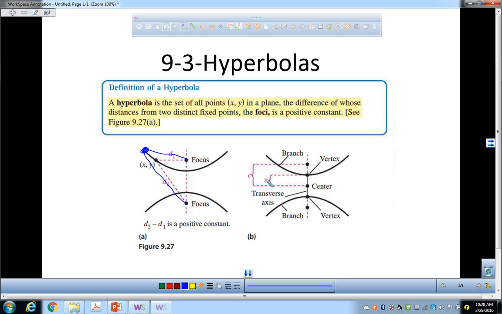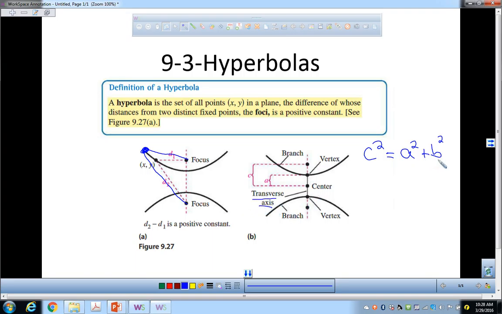The relationship between c, a, and b is that c squared equals a squared plus b squared, just like the Pythagorean theorem. For an ellipse, it's c squared equals a squared minus b squared. So be aware that the relationship is different for a hyperbola than for an ellipse. The axis that goes through the foci is called the transverse axis.